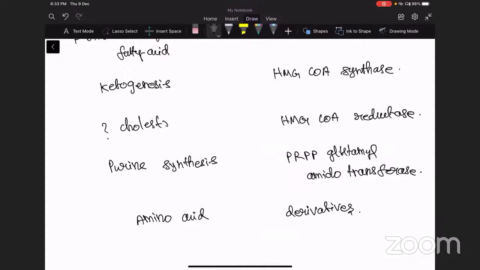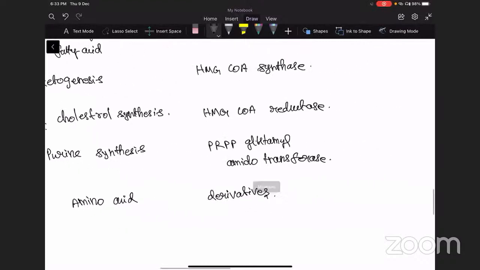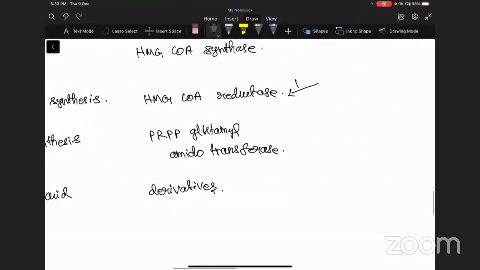Very, very good. Cholesterol synthesis and pharmacology. What drug inhibits HMG CoA reductase? Answer please, Ashley Simon or anyone present. What is the drug that inhibits HMG CoA reductase?